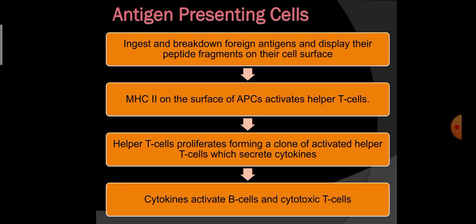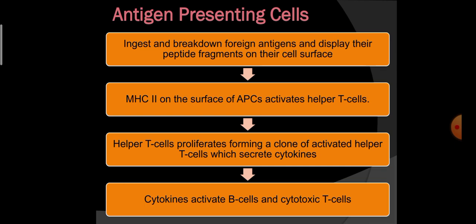These MHCs, which are called major histocompatibility complex, have different groups. Out of which MHC2 is present on the cell surface of APCs. The MHC combines with the antigen and forms a complex.